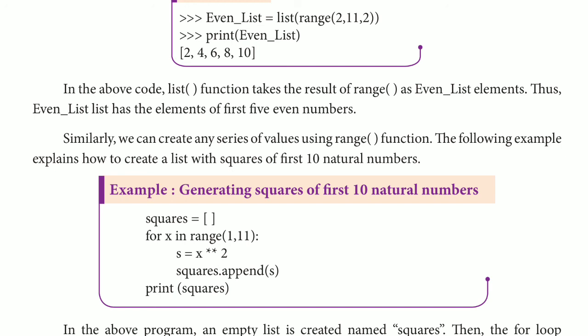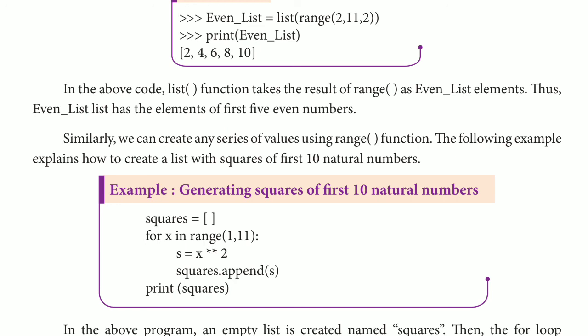Now here you can see that s is equal to x ** 2, which means the power of 2, the square. The given value of x will be multiplied by itself, and the square value will be stored in s, then squares.append(s).